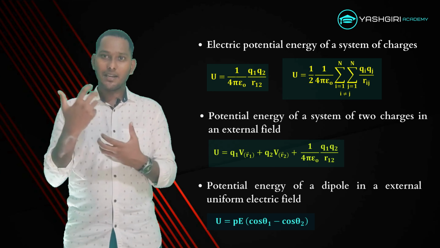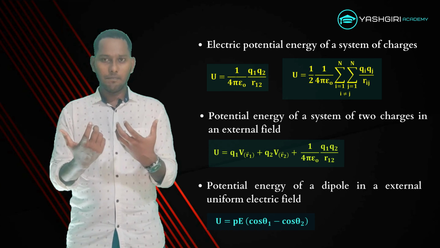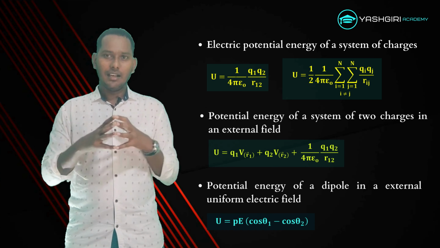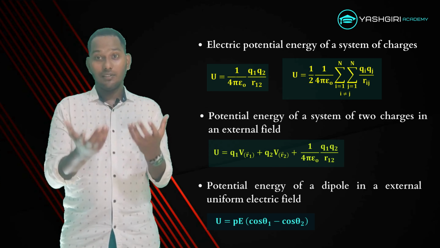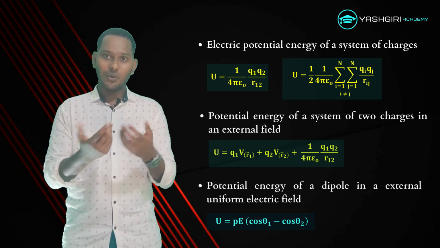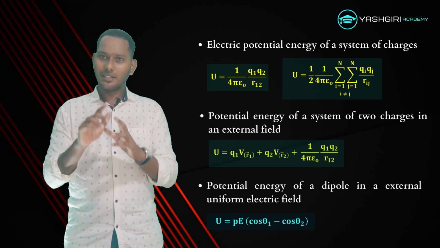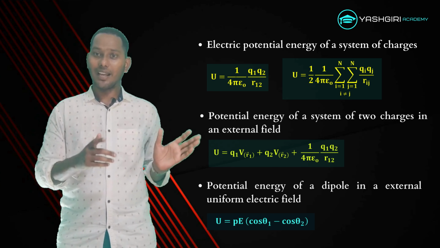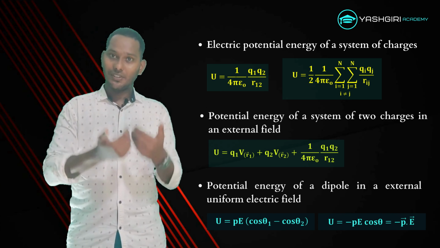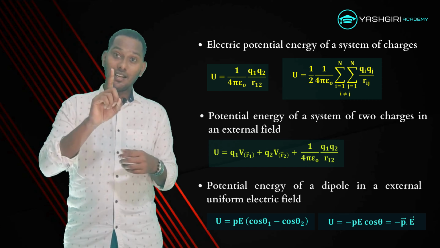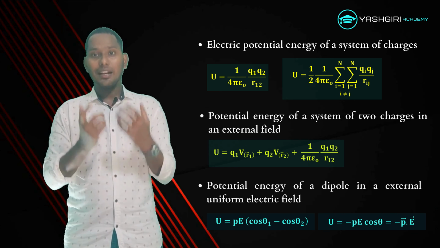So if I place my dipole perpendicular to the electric field, in that case theta 1 will become 90 degrees. So cos of 90 is going to be 0, and theta 2 I can replace by theta. So here I have another relation, that is minus dipole moment into electric field into cos theta, where theta is the angle between the dipole moment and the electric field.